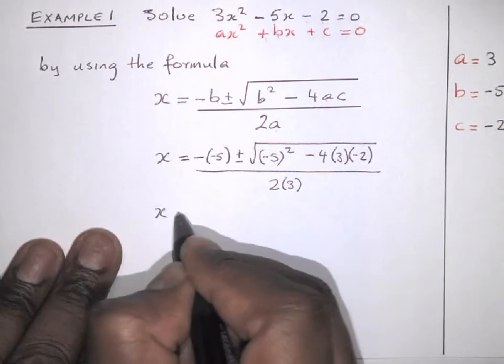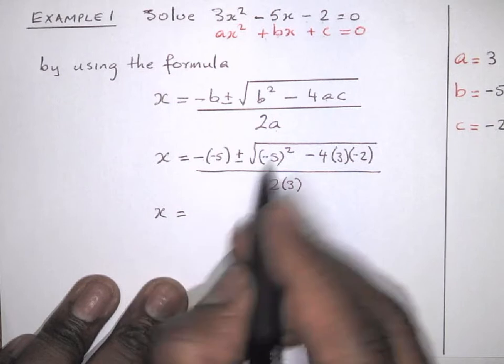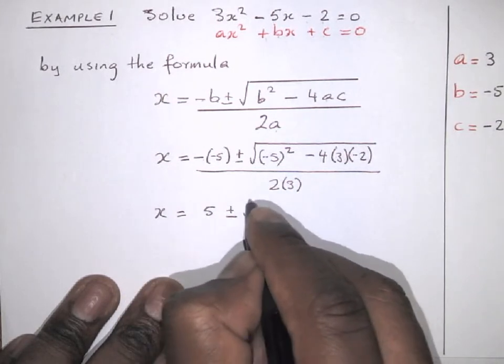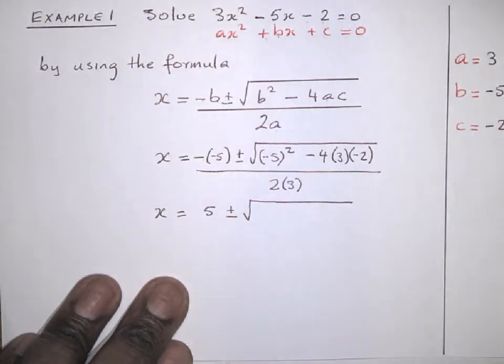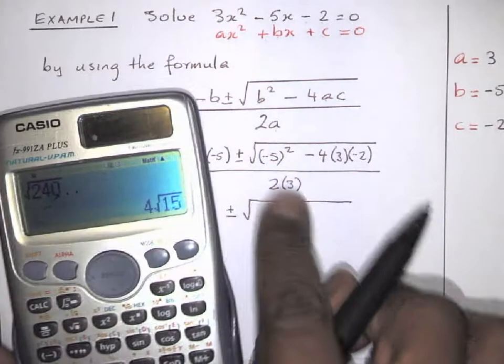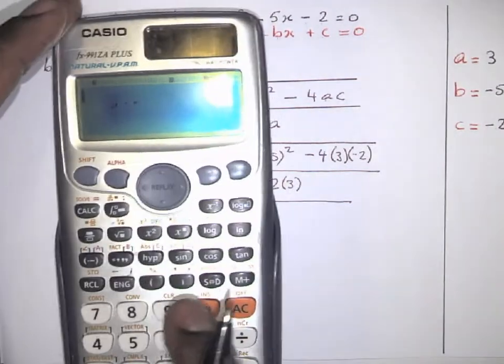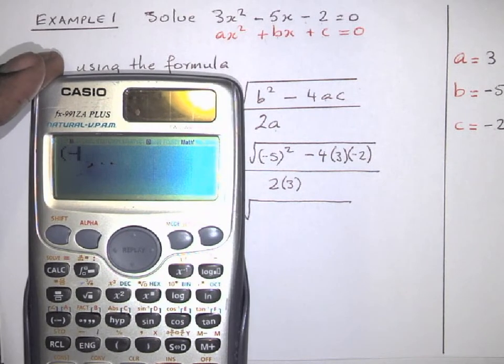So my x value is equal to, obviously we know minus times a negative 5 will be a positive 5. So it's 5 plus or minus. Now we need to work out what the answer under the square root is. So if I want to find out what is under the square root, I can put this in a calculator. I've got a bracket, there is minus 5, then I close the bracket and it is squared.